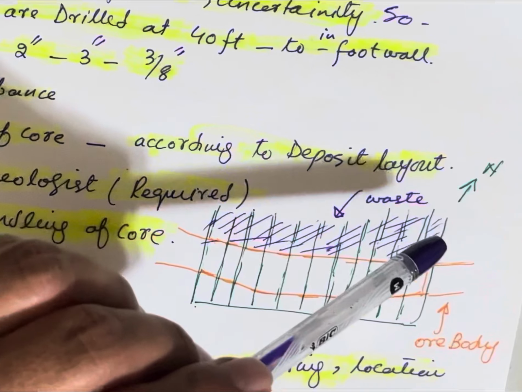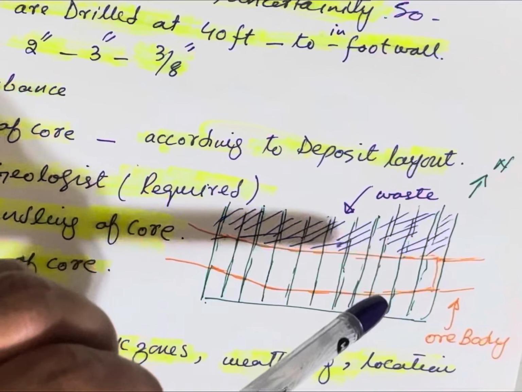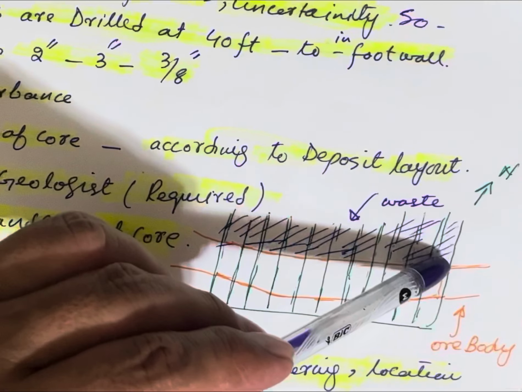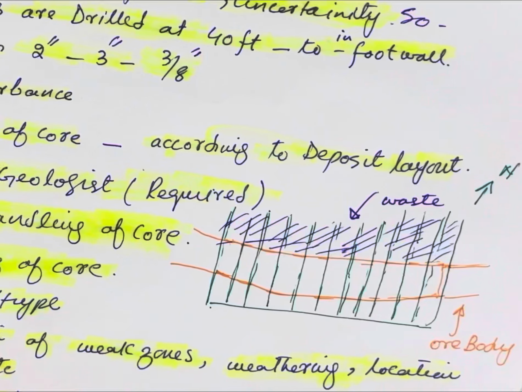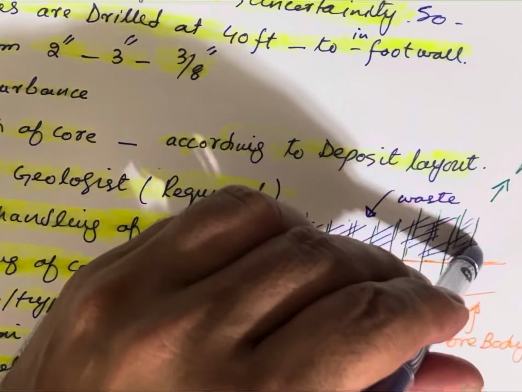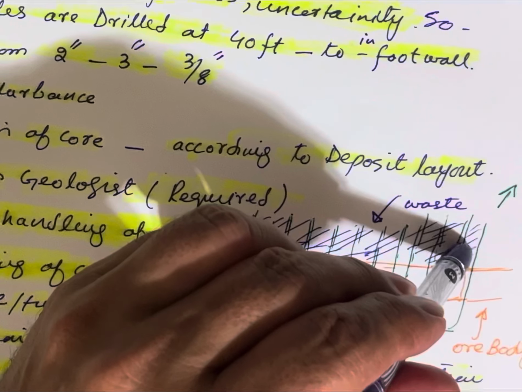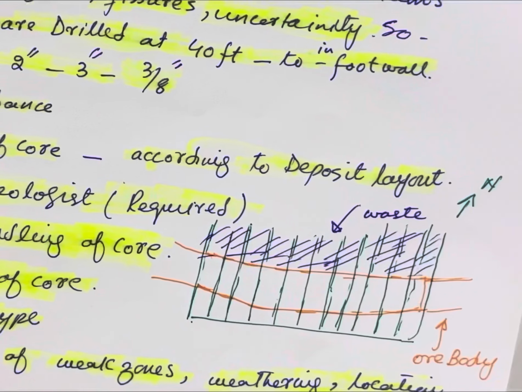Usually for benching, the bench height, width, and slope data are collected from these holes, and then they study all these things. Based on this, the slope angles and the open pit angle are decided, and the pit is designed.